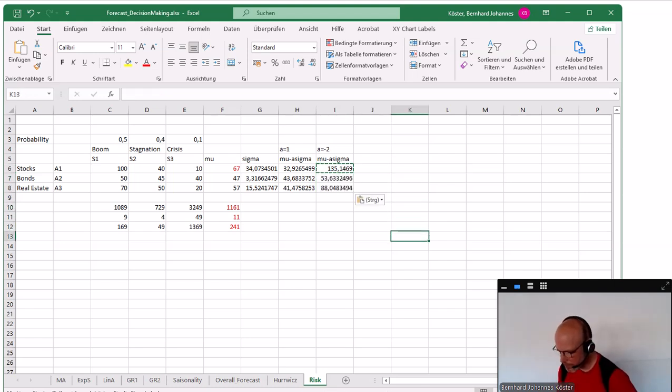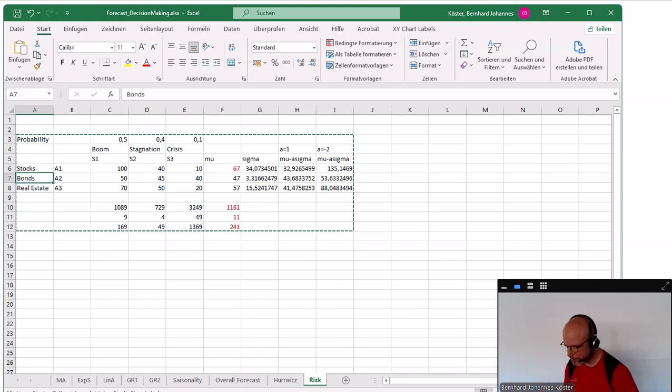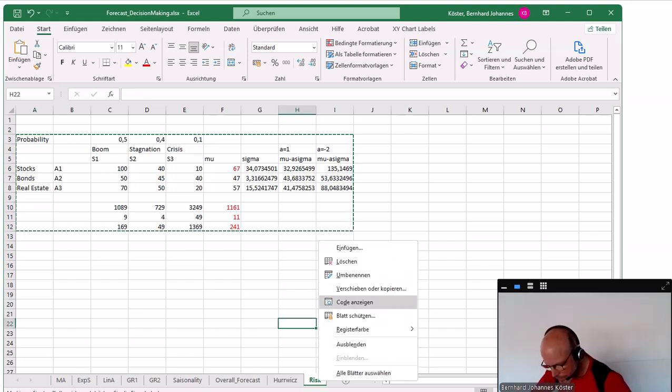Okay, and then let's also do one Bernoulli for this. I think this is possible, or? No, I don't know. Therefore, I copy this.